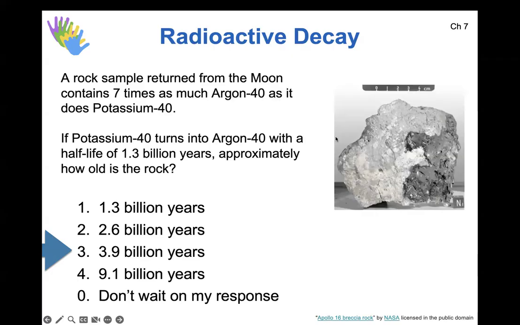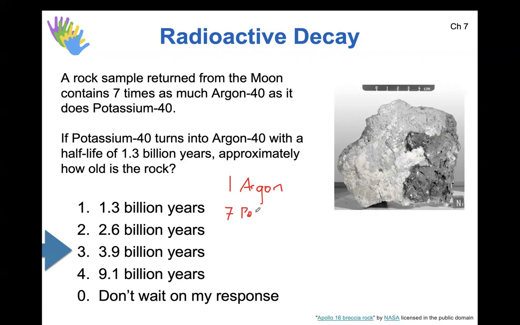Let me see if I can explain why it's a mistake. Okay, so we're told that there's 7 times as much argon 40 as potassium 40. Well, that means that the total is 8. In other words, there's 1 potassium 40 for every 7 argon 40. So the way we could write this is we could say 1 of the argon and then 7 of the potassium.